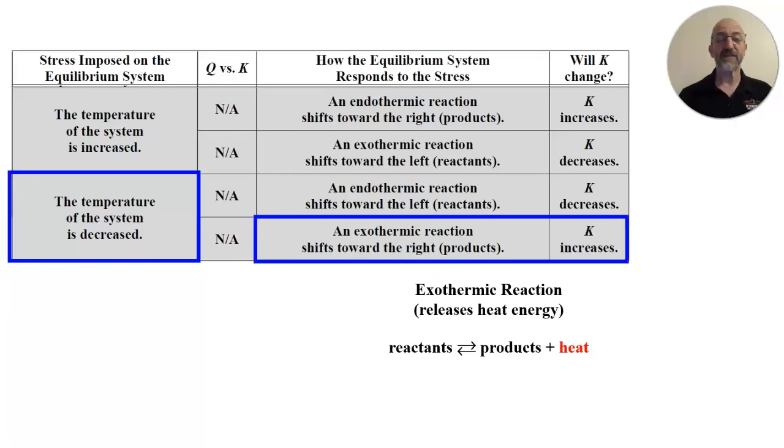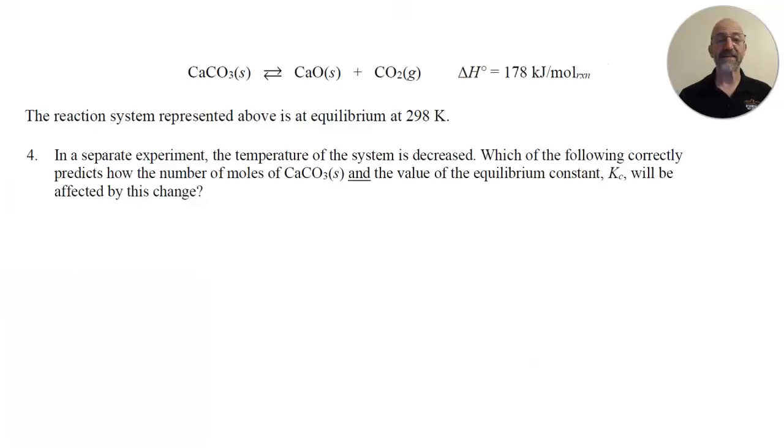There would be a shift in the exothermic direction, which would be from left to right, from reactants to products, and that would result in an increase in the value of the equilibrium constant K. Okay, now that you've seen all 4 of those possibilities, let's go back and revisit the details of question 4.